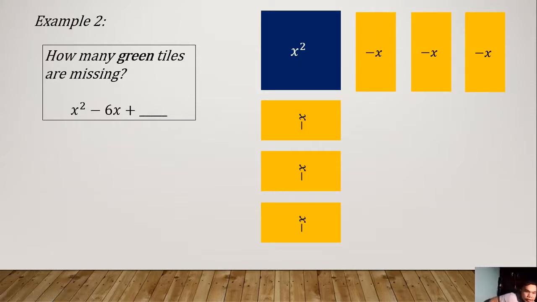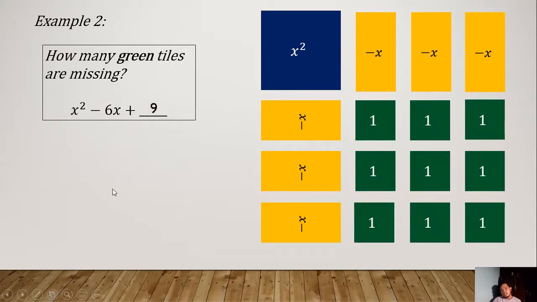Next, this will be your turn. I will give you 5 seconds to answer. How many green tiles are missing? Very good. There are 9 green tiles missing. So what did we do? We multiplied this here. So, 3 times 3 is equal to 9.